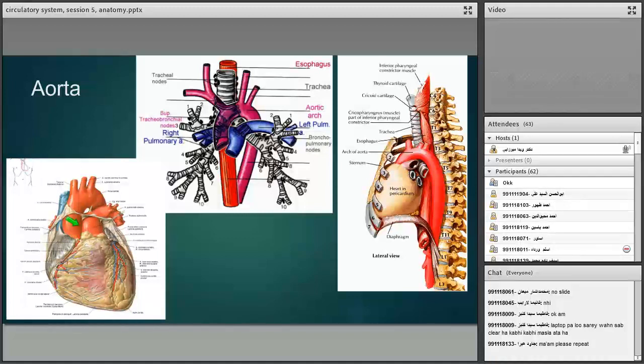It has three parts: ascending, aortic arch and descending aorta. Listen please, the aorta has three parts: ascending, which starts from the left ventricle, aortic arch, and descending aorta. The ascending part is just 5 centimeters in length.